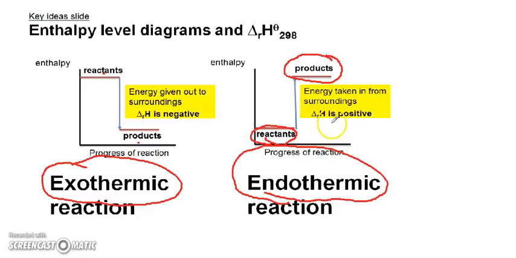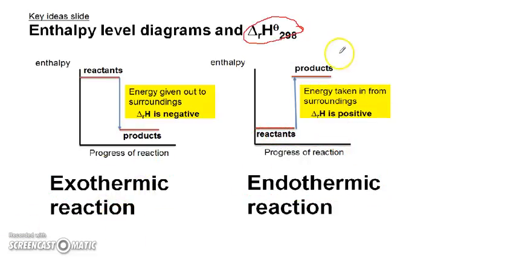So in this reaction you'd feel the beaker getting cold as heat was taken in to the reactants. Delta H is the heat energy transferred. So the delta, the Greek letter delta, means the change, and the H represents enthalpy.